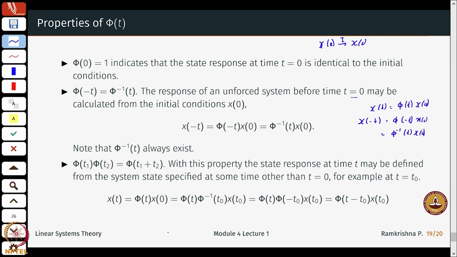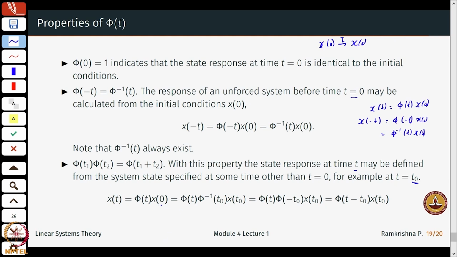What does this property tell me? With this property, the state response at any time t may be defined from the system state specified at some other time than t0. For example, I do not know the state at time t equal to 0, but I know it at some t equal to t naught. So how do I find that? I do not know x at 0, but I know x at some arbitrary time t naught.